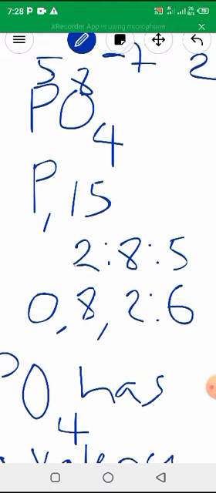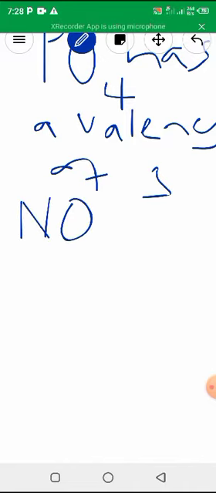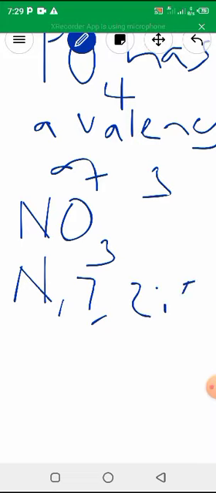Let's determine the valence of a nitrate, which is NO3. How can we determine the valence of a nitrate? Nitrogen, atomic number is 7. Configuration is 2, 5.